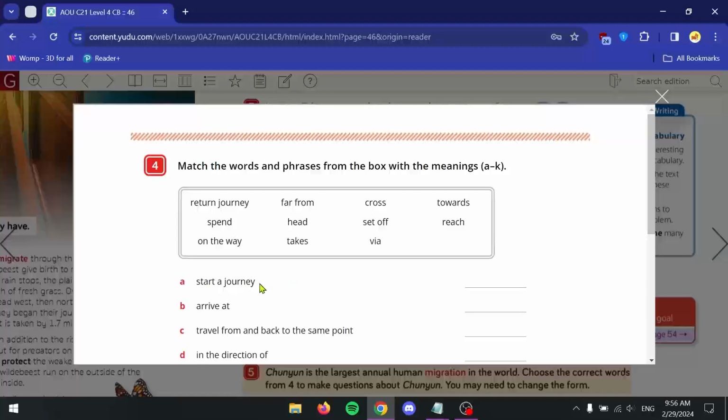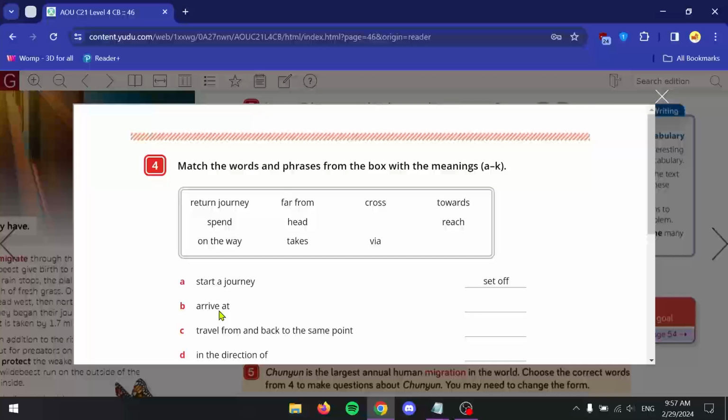But what you might not know, and it's found in the text, is that start a journey could be said with the two words set off. So when I say something like, I set off to France, it means I started my journey to France. Okay? So again, words that mean the same thing, but they're different. So it makes my writing that much more interesting. Okay? Start a journey, set off.